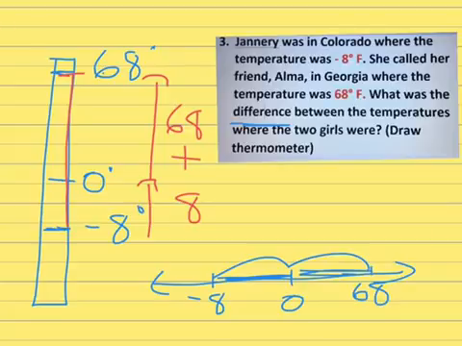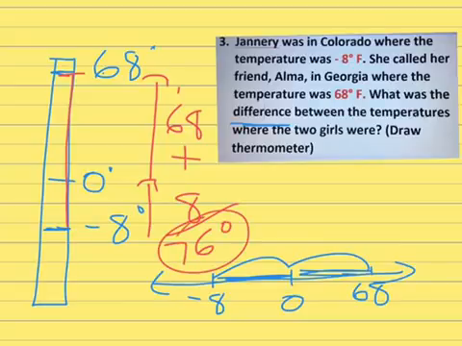So 68 plus 8, I add that up, and that would be 8 plus 8 is 6 plus 1. That's 76 degrees. So the difference between the two temperatures is a total of 76 degrees.